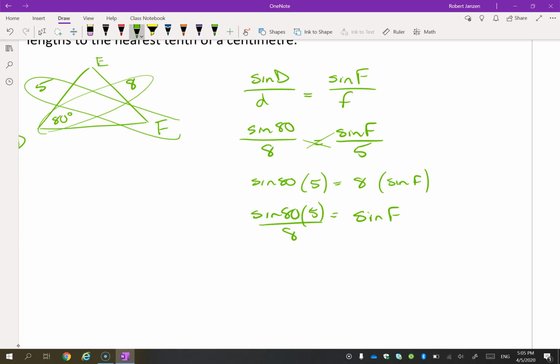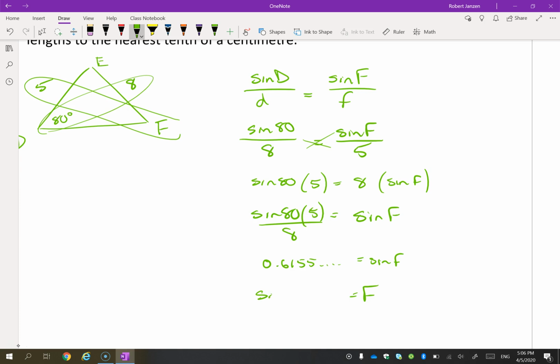Sine 80 times 5 divided by 8 equals. So you get 0.6155, etc. So sine of F. And so what is F?